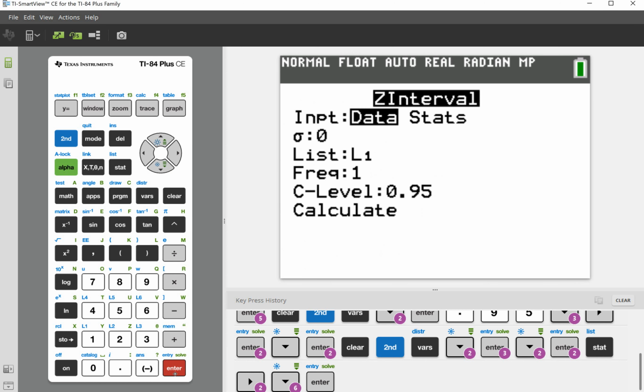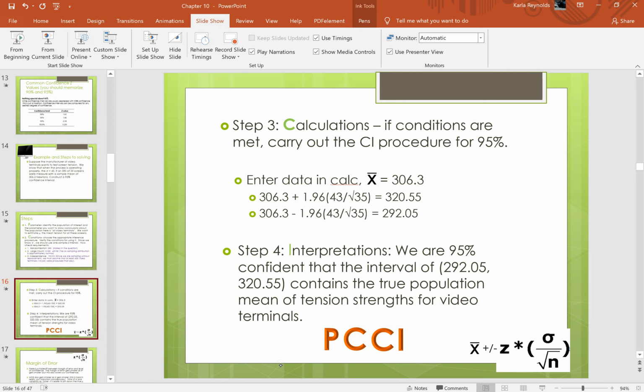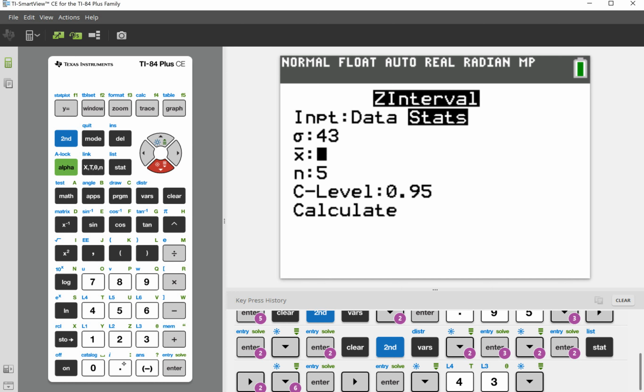All right. Then you can do data or stats. Data is if you have stuff in your lists that you've taken from a list of data points, or you got the data yourself. We don't have that, we have the stats. So our standard deviation is 43. Our mean was 306.3.